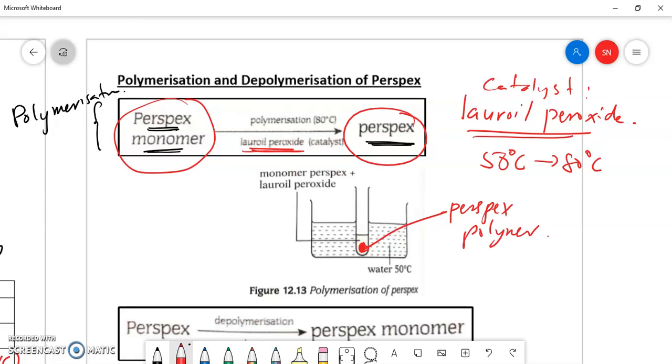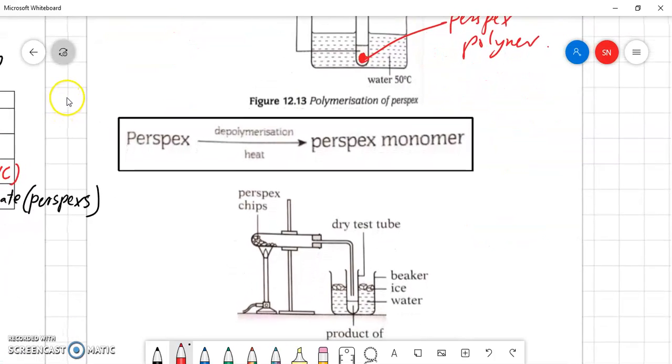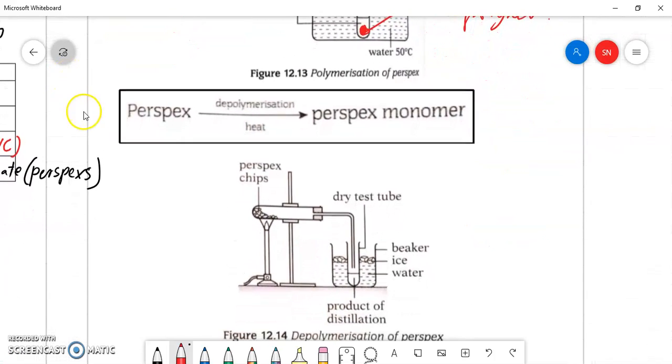Now, if we do depolymerization, that means we're going to reverse this reaction. Depolymerization will involve just heating of perspex. Here we have perspex chips placed in the test tube and heated up.